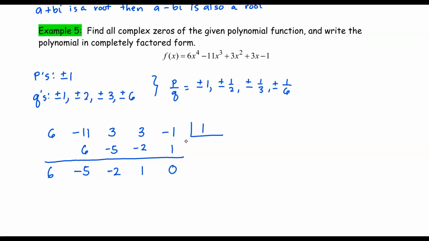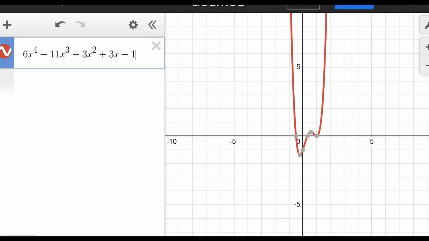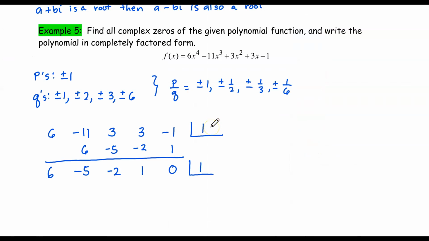Now we check for multiplicity. So we divide again by 1 because we know when we graphed it, it touches the x-axis at 1, so 1 is of even multiplicity. We perform another synthetic division. You have 6, bring down 6, times 1 is 6.